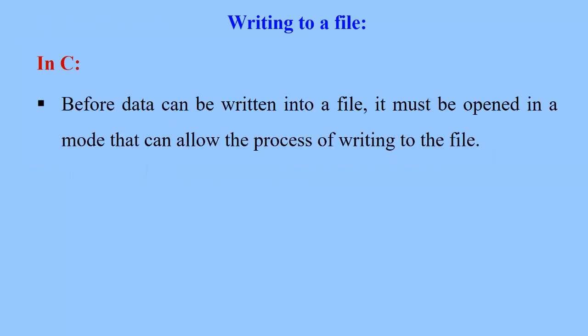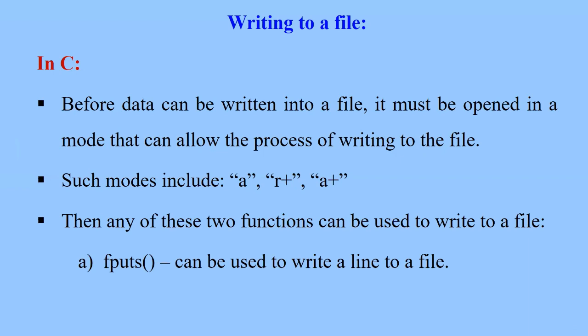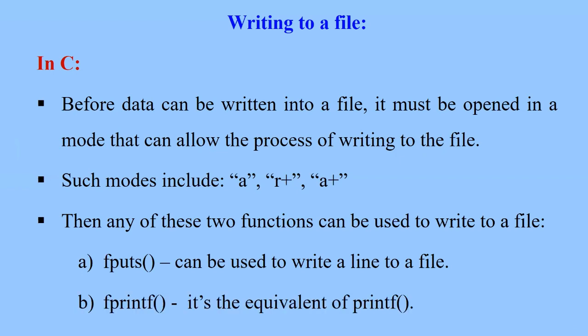So how do we write to a file? In C, before data can be written into a file, it must be opened in a mode that allows writing to the file. Such modes include those that I have explained as w, r plus, and a plus. Then either of these two functions can be used to write to a file: fputs, which can be used to write a line to a file, and fprintf.